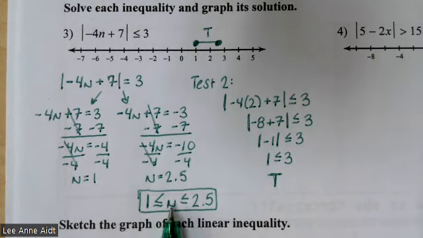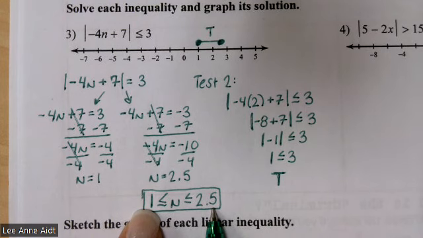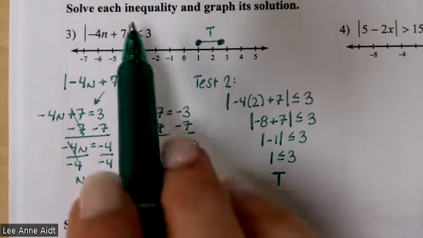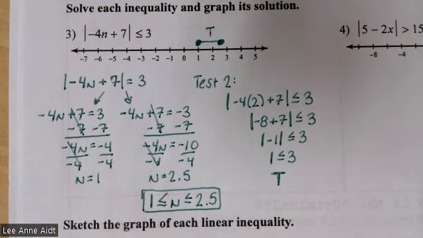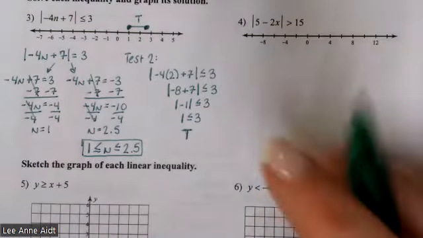Okay, so you put the boundary points on the outsides. You put the letter in the problem in the middle, and the arrows always face the left. You just have to decide if they're open or closed. Any questions on number 3? Number 4, same thing.